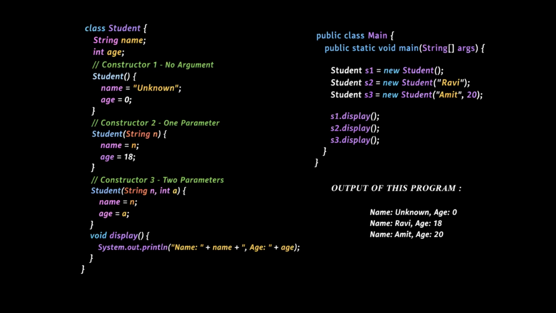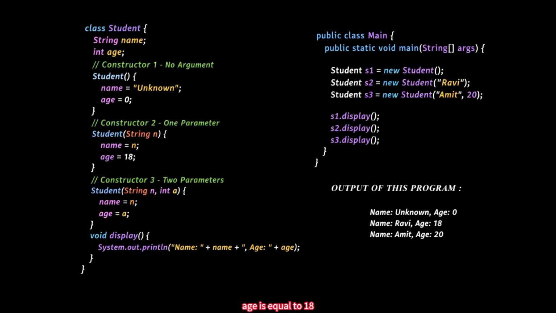Next, Student s2 is equal to new Student("Ravi"). Now Java sees that we are passing one argument. So it looks for a constructor that takes one parameter. It finds Student(String n). So it calls that constructor. Inside that, name is equal to Ravi.